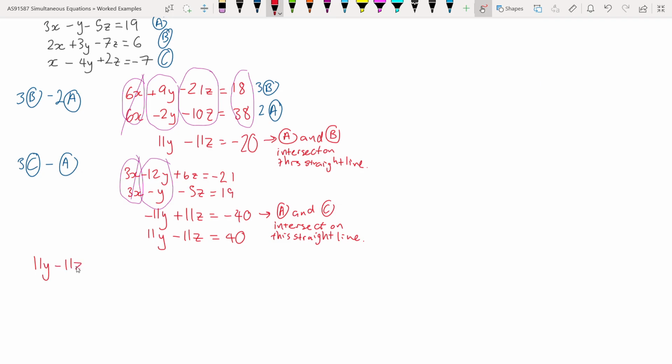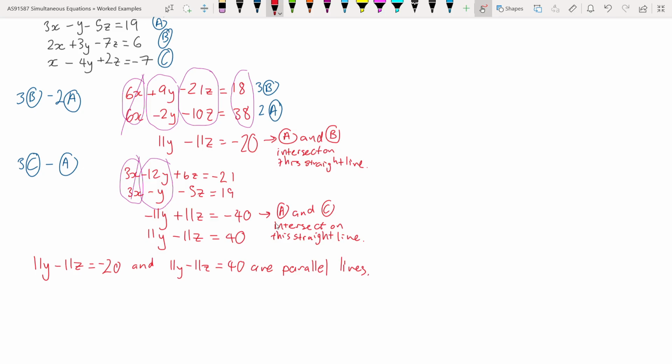So 11y minus 11z equals -20, and 11y minus 11z equals 40 are parallel. And that's lines, not planes, so those two lines are parallel. Basically, you could do the third thing just to prove, but you get the same thing again. You get some multiple of 11y minus 11z out, and with a different constant.